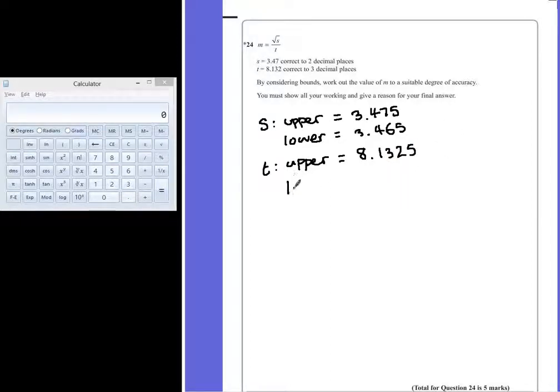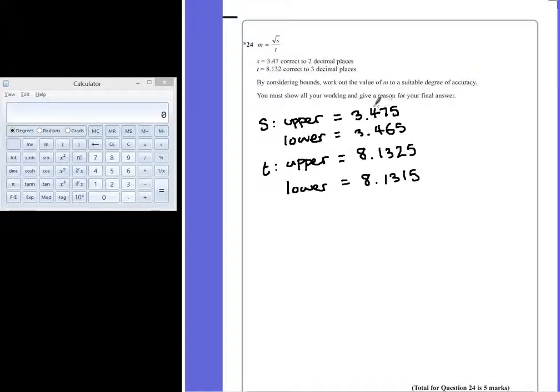To find the lowest number, we want to find halfway towards the number below it. So halfway between 8.132 and 8.131 would be 8.1315. So these are the possible numbers that we could have been given.